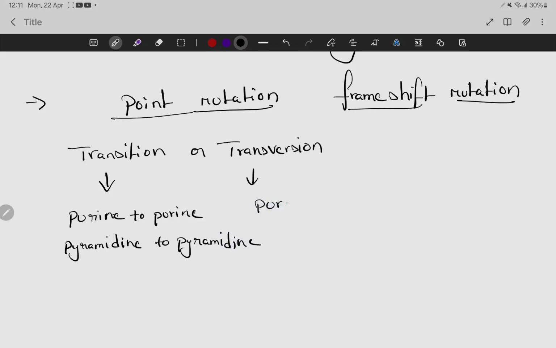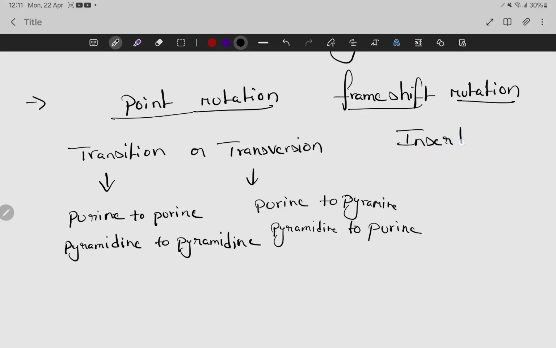Transversion is purine to pyrimidine or pyrimidine to purine. Frame shift mutation, insertion or deletion.